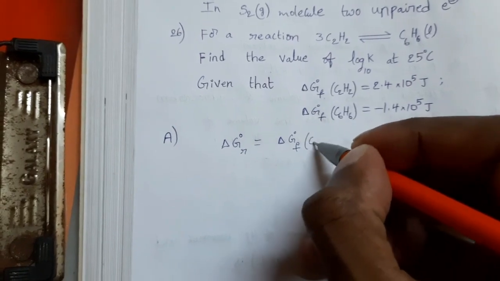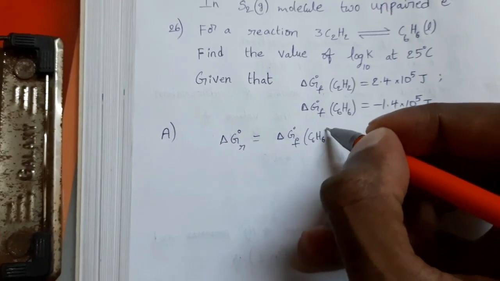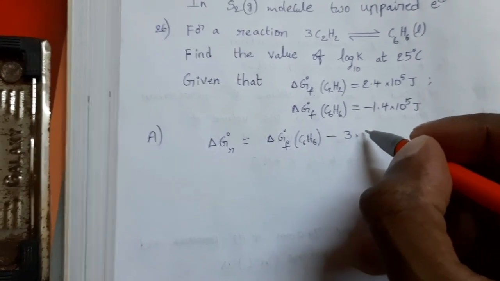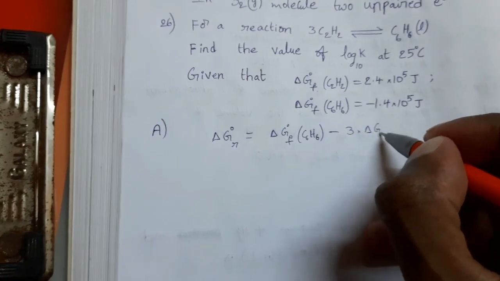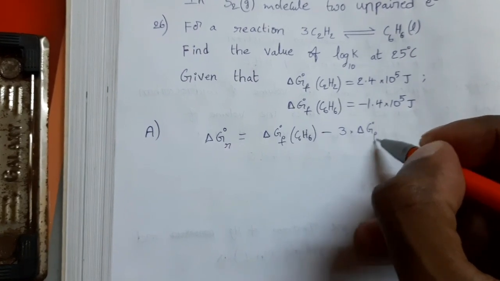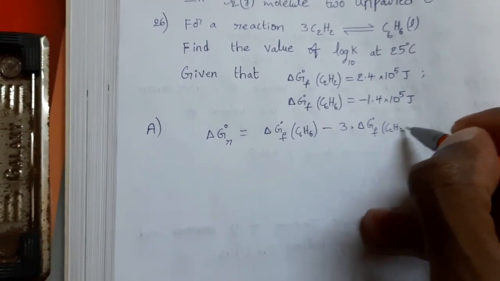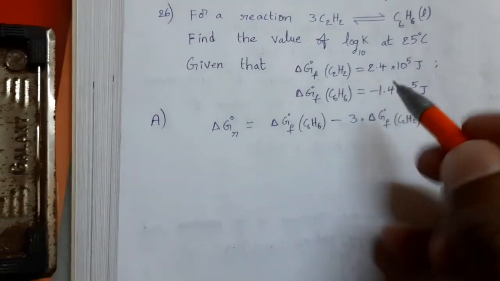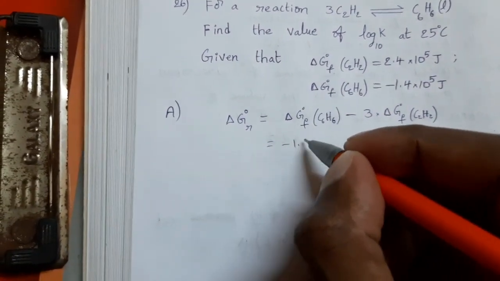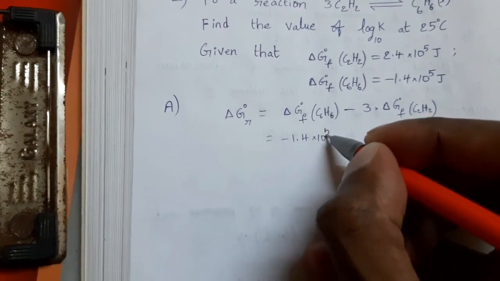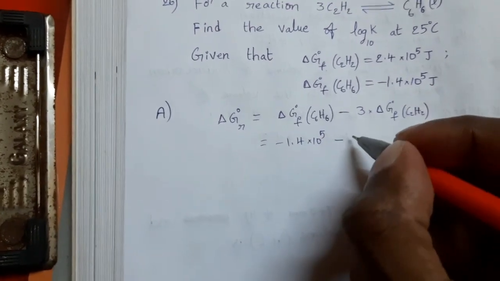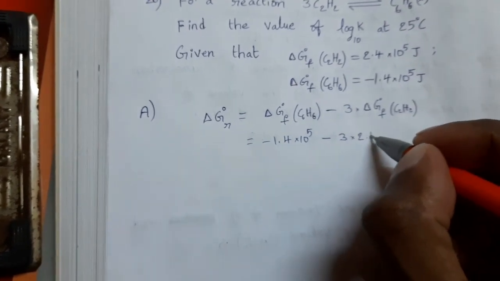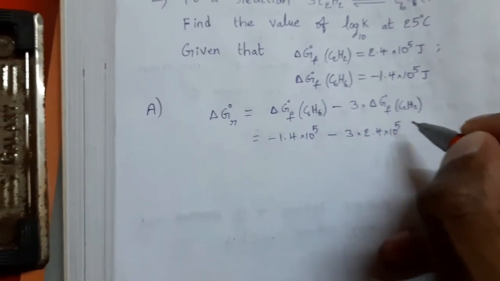Change in Gibbs energy of the products means benzene, minus 3 into change in Gibbs energy of the reactants C2H2. So substitute these values. For benzene, this is the value minus 1.4 into 10 power 5, minus 3 into 2.4 into 10 power 5 joules.